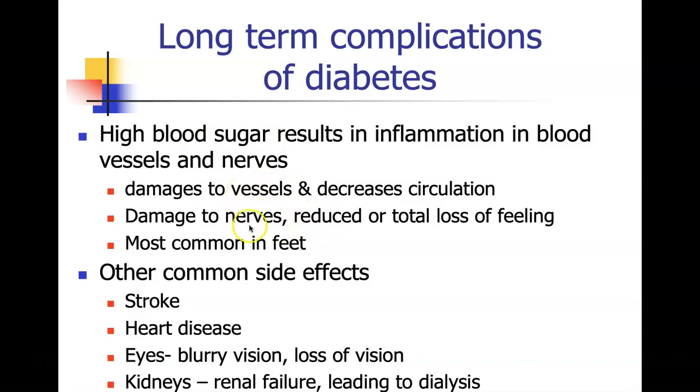You can get loss of feeling in places, and we see this most commonly happening in the feet. So we sometimes see people with uncontrolled diabetes have damaged vessels and nerves in their feet and having to have amputations and things like that. But other common side effects of diabetes can be stroke, heart disease, blurry vision or loss of vision in the eyes, and kidney failure and dialysis.